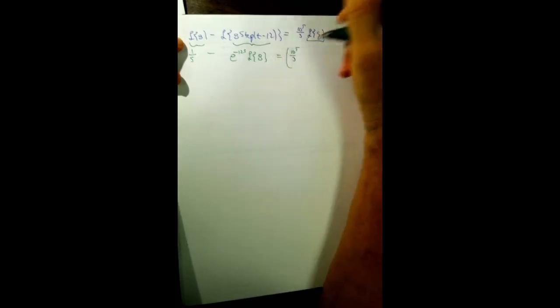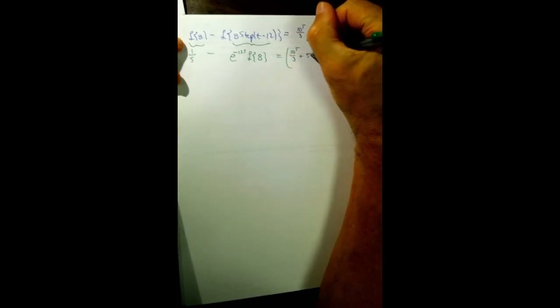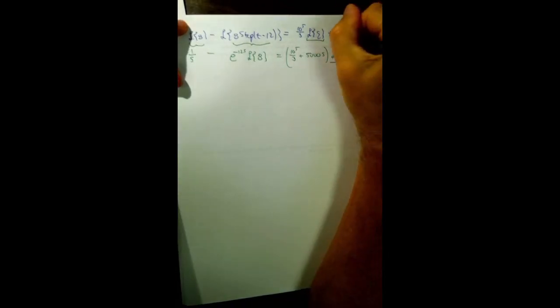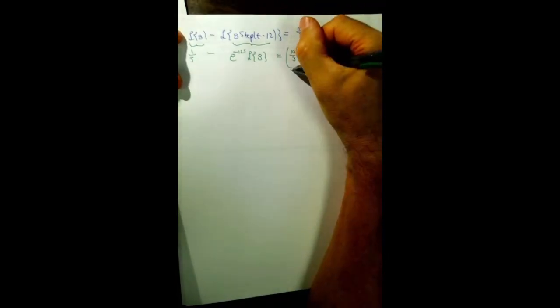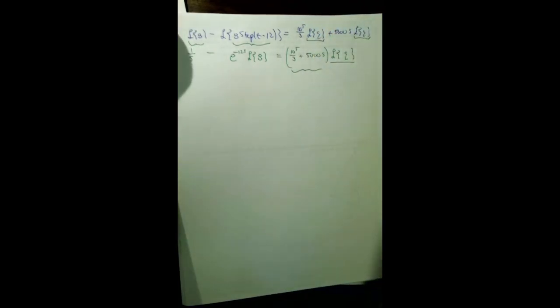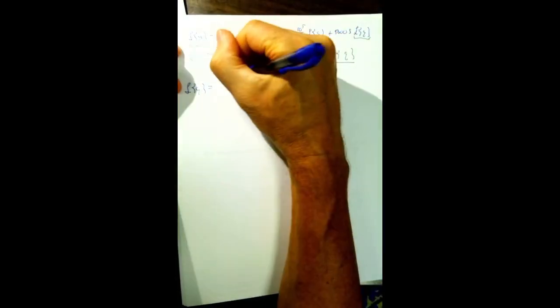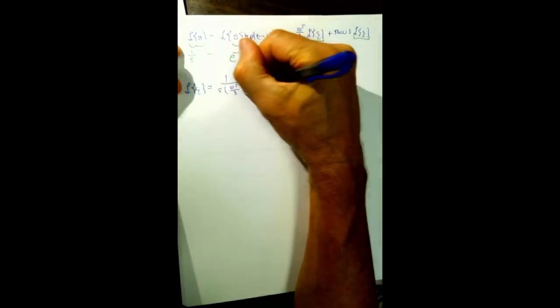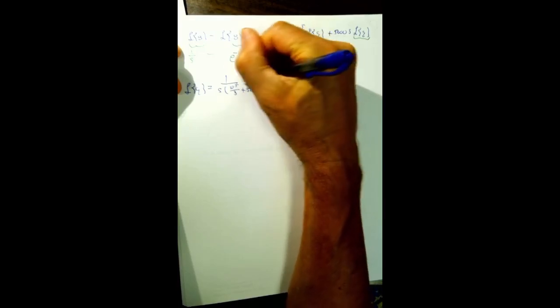And I'm trying to find the Laplace transform of q to isolate that. So I'm just going to factor that out. So I can factor out a 10 to the 5th over 3 plus 5,000 s, all times Laplace transform of q. And I want to get this, so I'm going to basically divide by that term. So if I do that, I'm going to get the Laplace transform of q is 1 over s, then times 1 over 10 to the 5th over 3 plus 5,000 s.